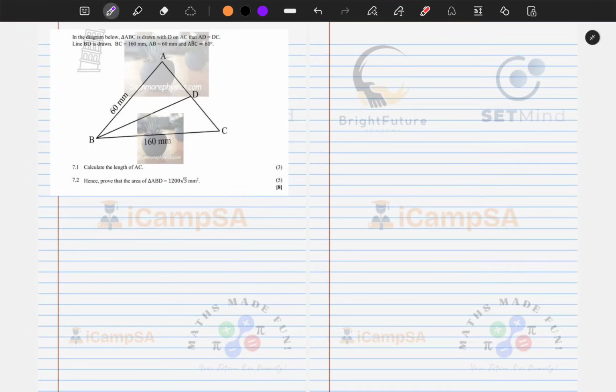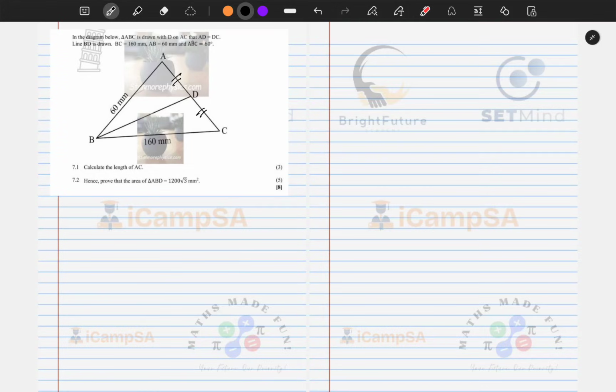So they are saying in the diagram below, ABC is drawn with D on AC, right? As you can see, with D on AC, such that your AD is equal to your DC. So this and that are equal.